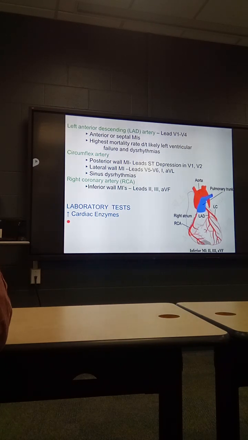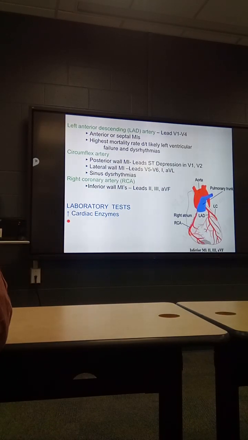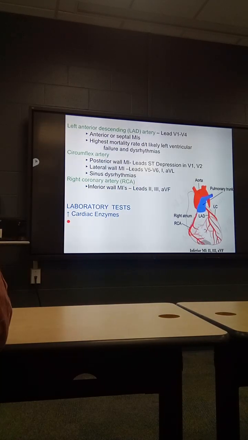So if they had the left anterior descending artery, that's the widowmaker. Because this one carries a lot of blood supply, if you see a heart cath, you go in and look at it. You can see the blood supply here. So they know that it's in leads 1 through 4, that this is the part of the heart that it's looking at.